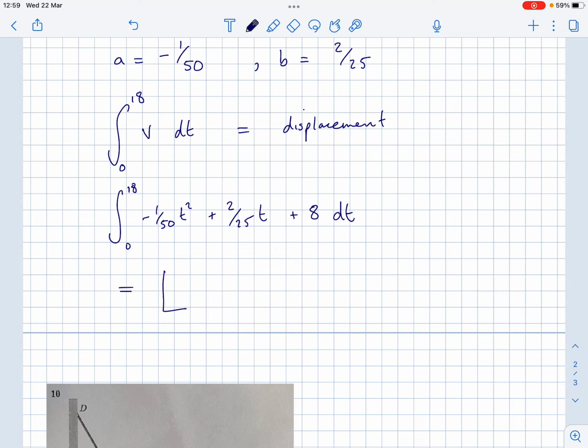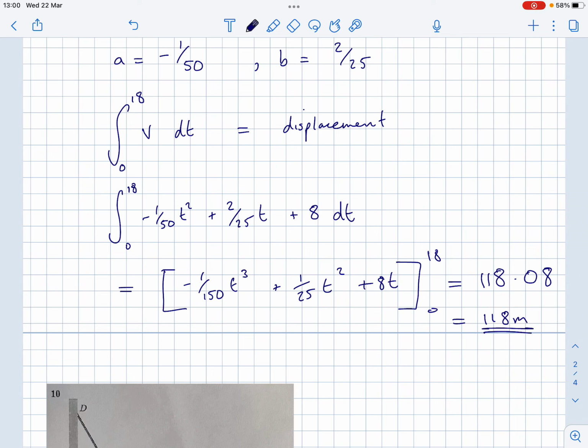When we do that, we get minus 1/150 t cubed plus 1/25 t squared plus 8t, and we're going to evaluate that between 18 and 0. When you do that, you get 118.08, but the question says to the nearest metre. So that's my final solution.